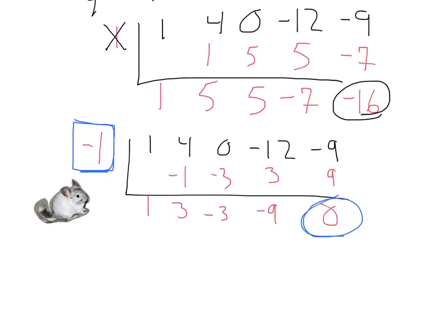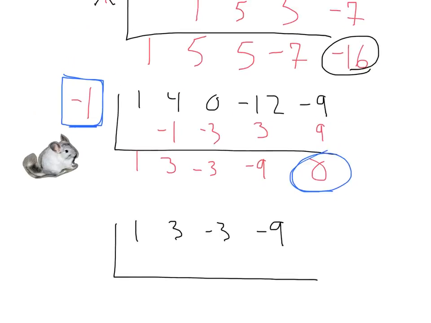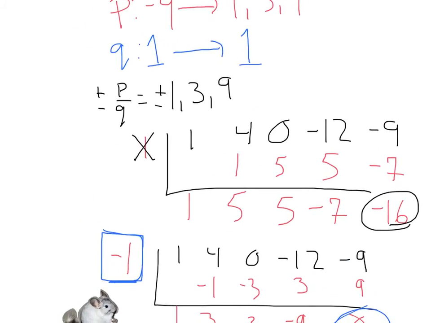Okay, now let's take what I'm left with and keep testing whether or not we have zeros. So I'm going to set up another synthetic division problem here with 1, 3, -3, and -9. I'm reusing these numbers that I had right here on the bottom. Now I could test any numbers from this whole list.